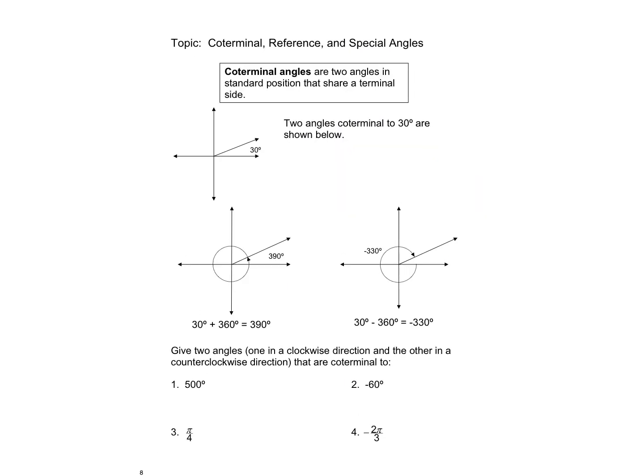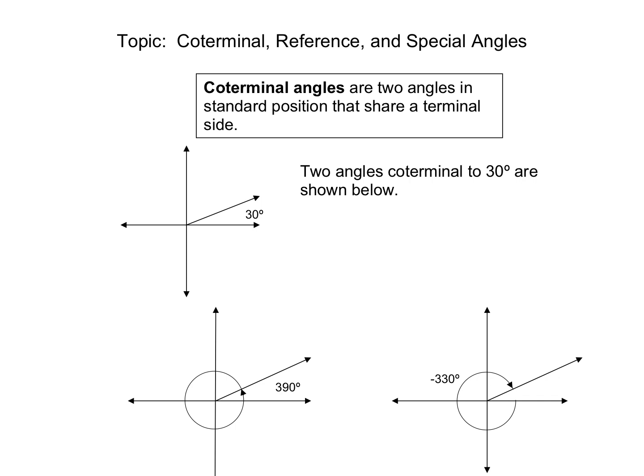Okay. Coterminal angles. So part of the nature of angles is that they keep going. And by that, I mean you can rotate around and around and around and just keep going. So coterminal angles are angles that have the same terminal side.